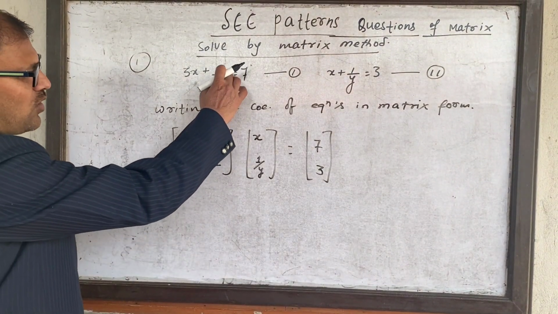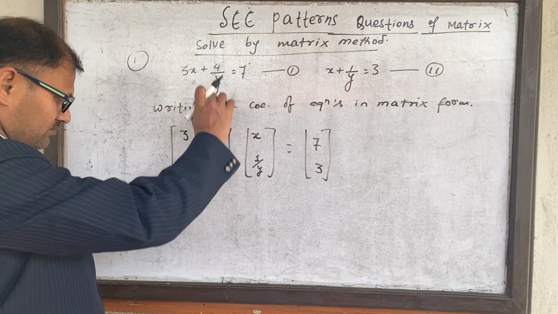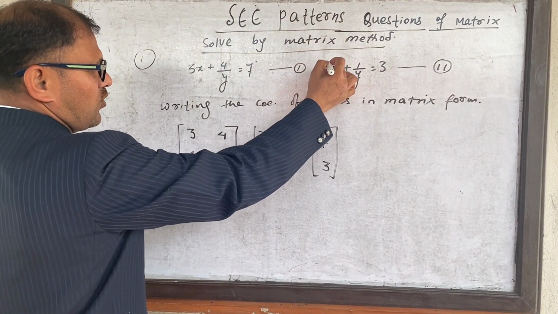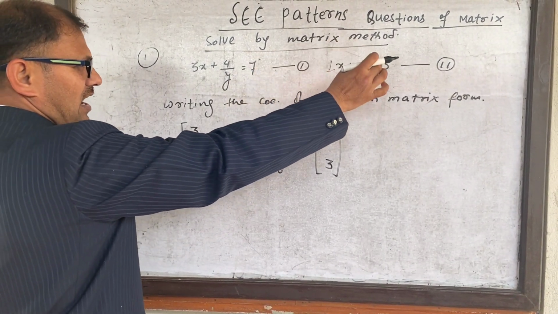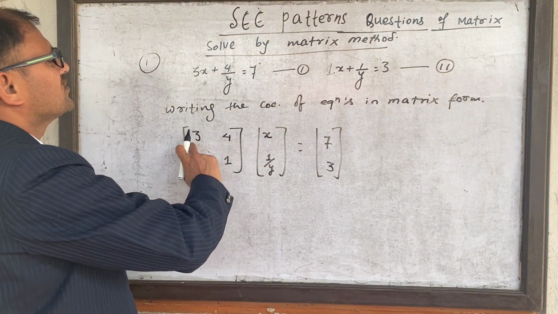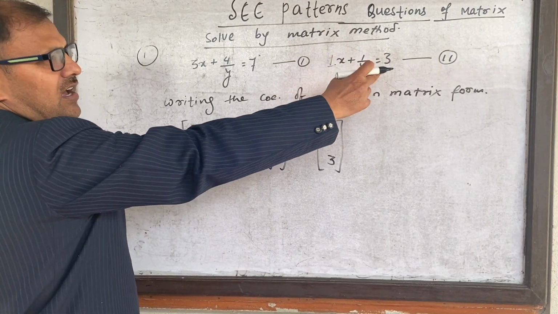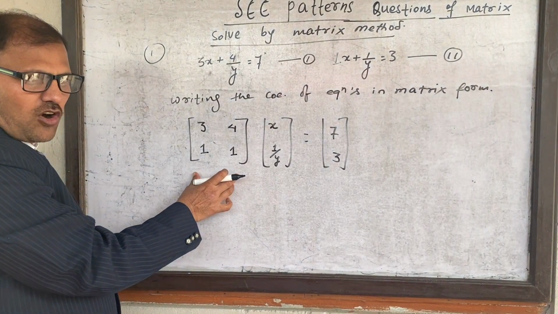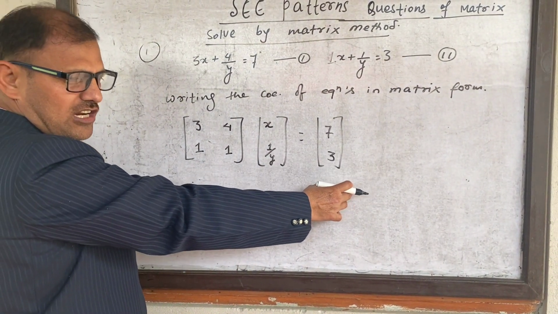Here y denotes 1 by y, and this is 4. So 3, this 4, here 1, this also 1, is equal to 7 and 3. These are the coefficients of x and y of equation first, and the coefficients of x and 1 by y of equation second. So first write the coefficients, after that x and y, after that the constant terms.